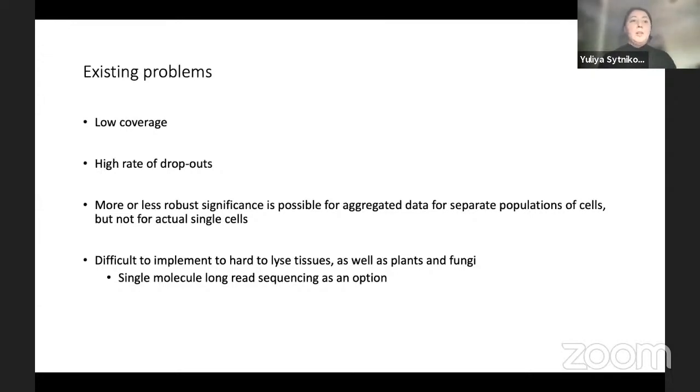If you have one cell per entire population, it's more difficult to get data from it. These methods are also difficult to implement for some types of tissues which are hard to lyse and for organisms like plants and fungi. So here is the space for single molecule long-read sequencing for these organisms.